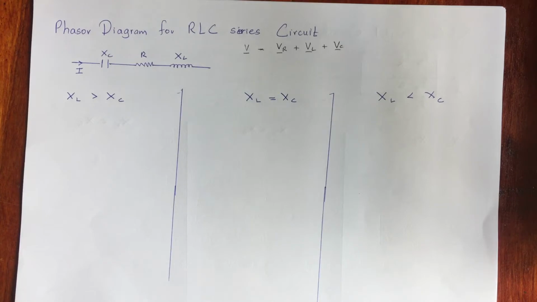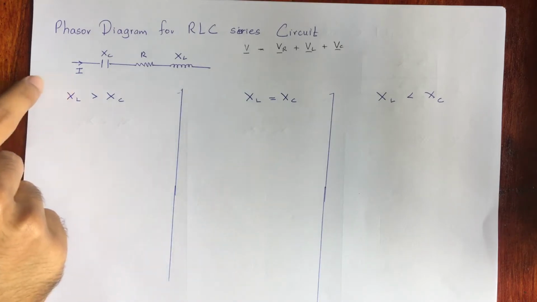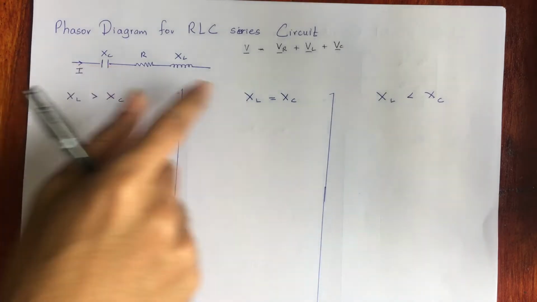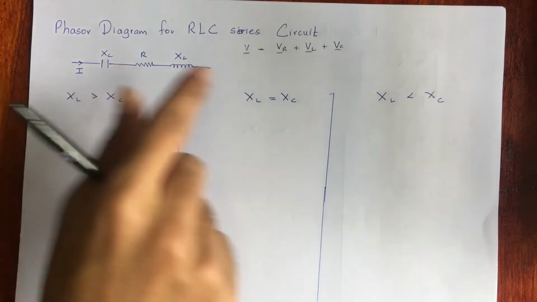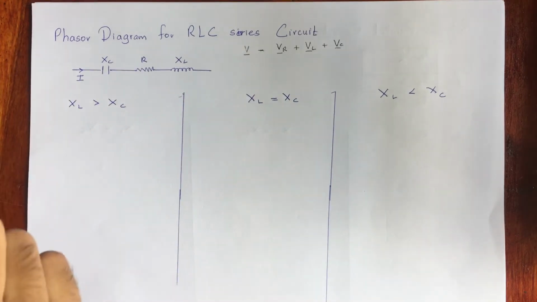However, we can write another thing also: the current would be the same for these three. That's the main point. As these are connected in series, the current is the same. So okay, let's move to the first case, but be careful about the following steps.